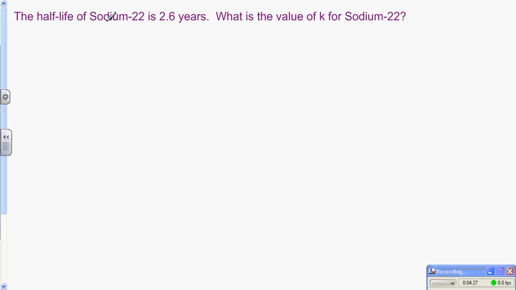Next question. A half-life of sodium is 2.6 years. What's K? Now this is half-life, so it sounds calculating, but half-life is referring to natural decay of an element. So let's use E. That would give us A e to the negative k t, and they want us to find k.